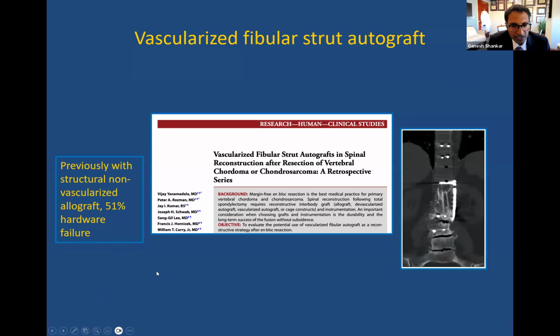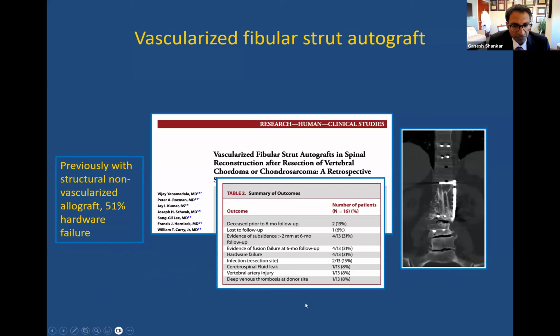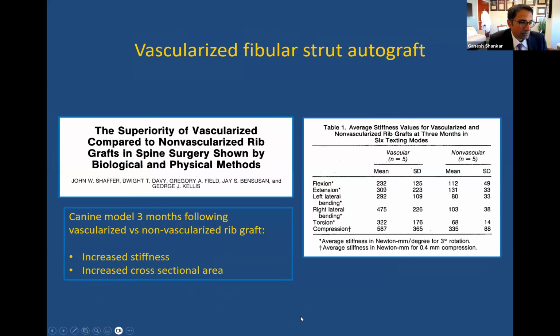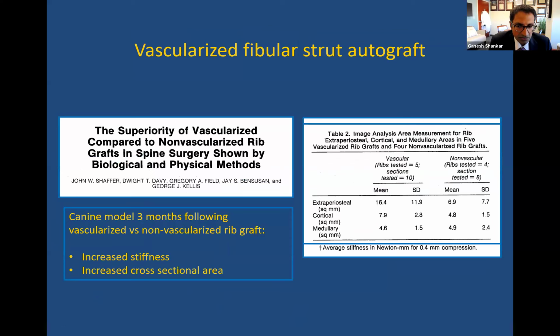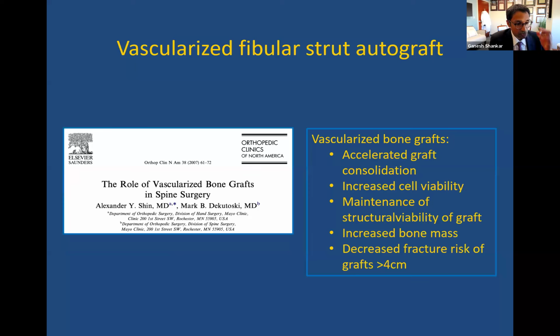And so with a vascularized fibular autograft, the rates of hardware failure improved, but still with a hardware failure rate of 31%. And so vascularized grafts do tend to fuse better, as shown in various animal models, and this could be related to increased stiffness and increased cross-sectional area, their ability to resist, as a result of those biomechanical improvements, a lot of these types of forces that lead to failure.